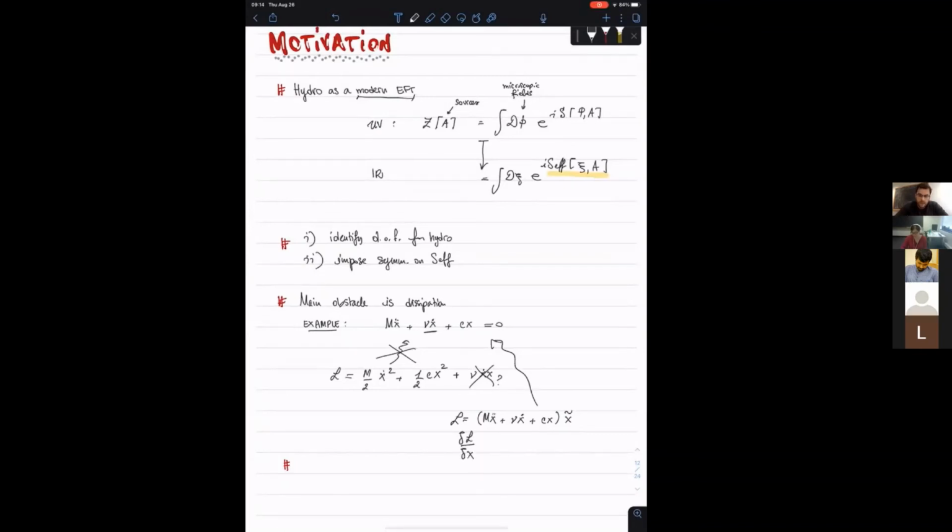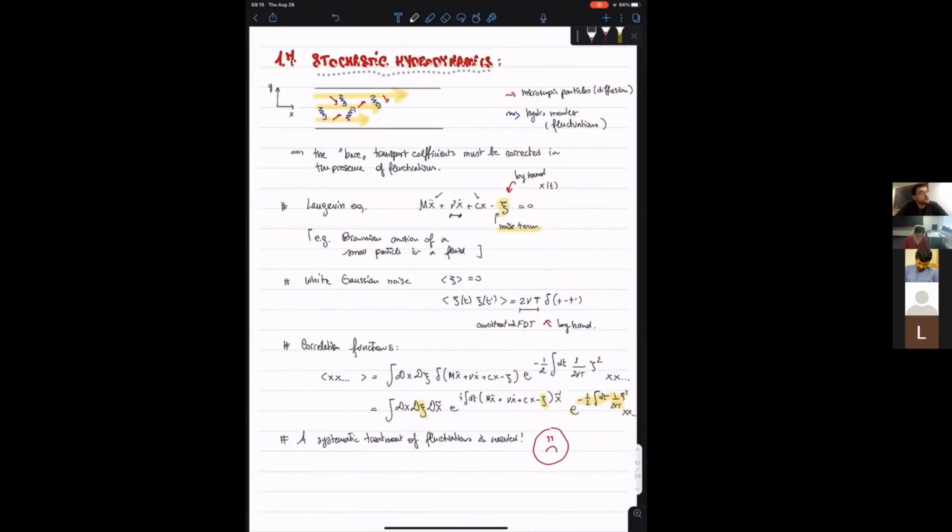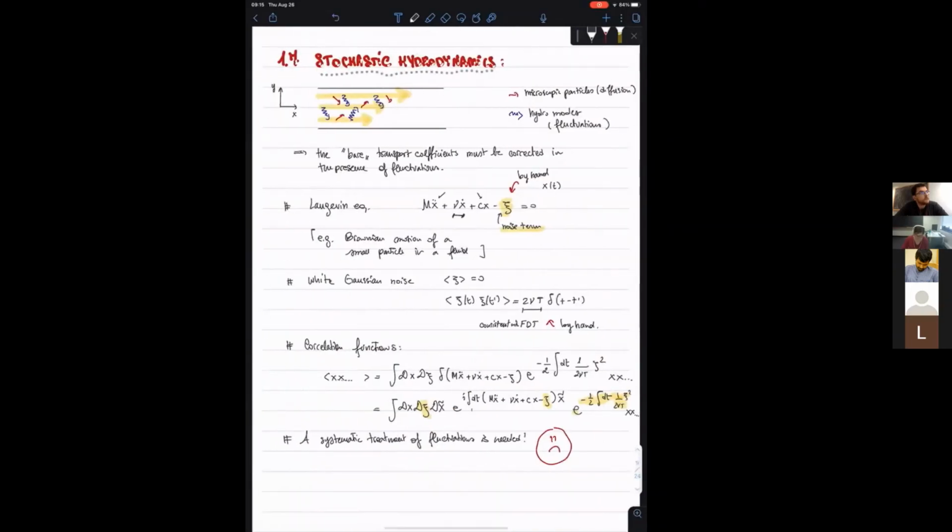Then the variation with respect to x tilde will imply the equation of motion that I wanted to implement at the level of an action. And this is also what I wrote before in the stochastic case. Remember, look at this equation here.